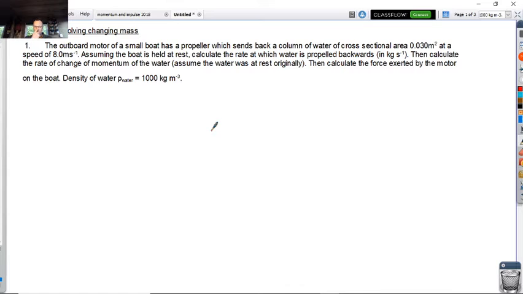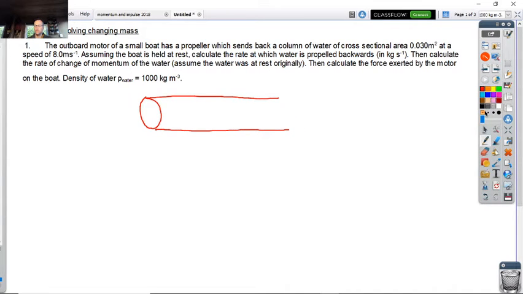So this one, you've got an outboard motor and a small boat, and you've got your cross-sectional area, and this is going to be your water being propelled backwards. Let me get onto a black pen here now. Way better.